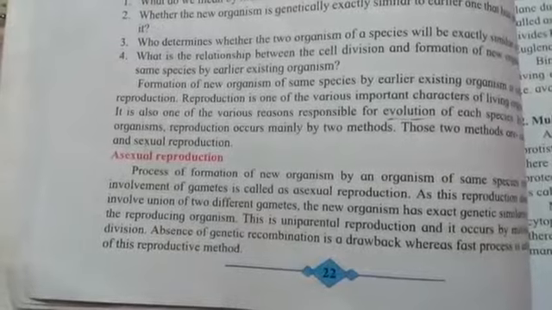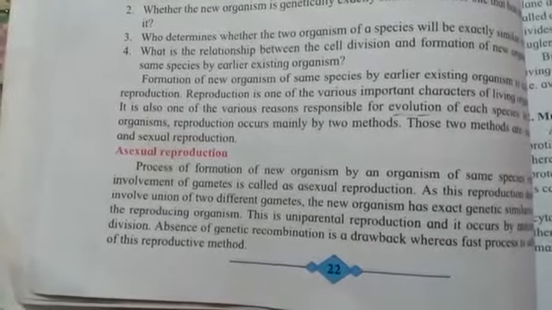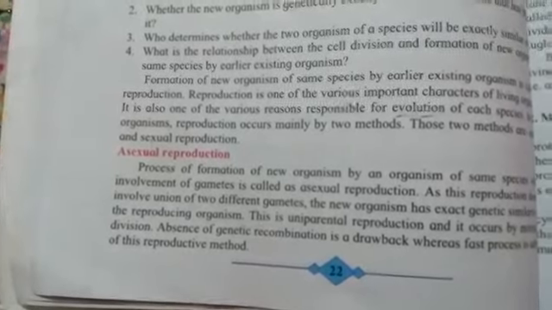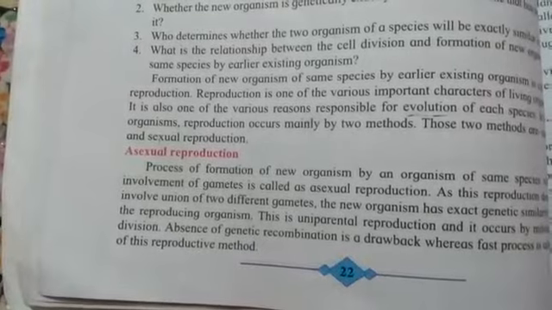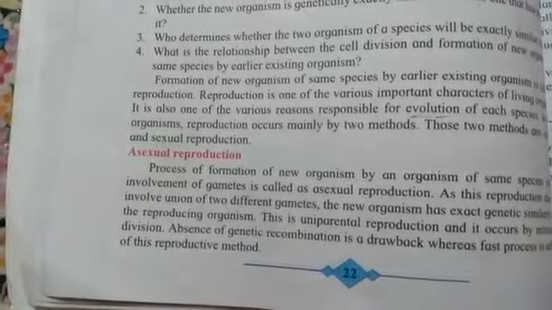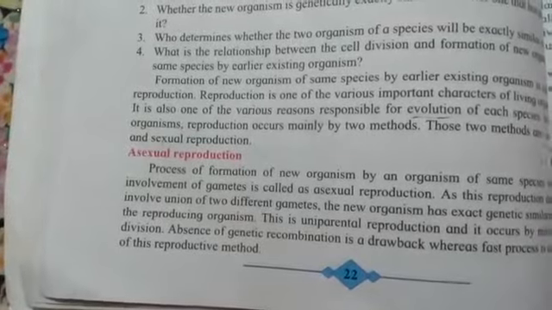And what is the drawback of this asexual reproduction? It involves absence of genetic recombination. Absence of genetic recombination means, as there are no two different organisms involved, genetic recombination will not take place.